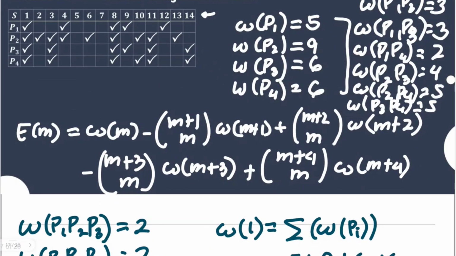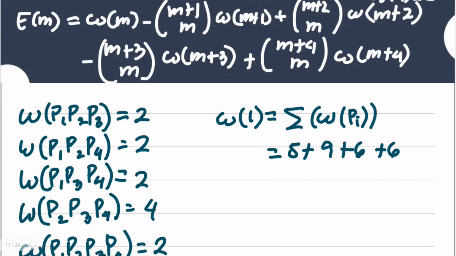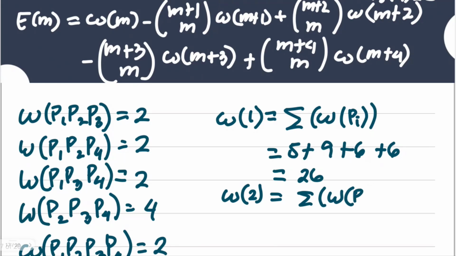So we're asked about omega of 1. So we have the result, which is equal to 26.